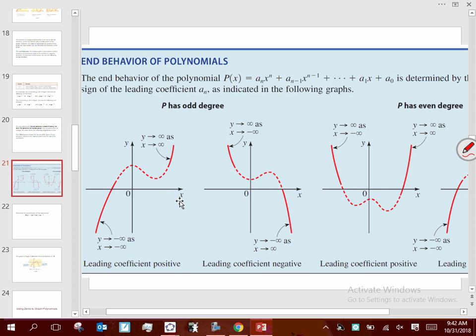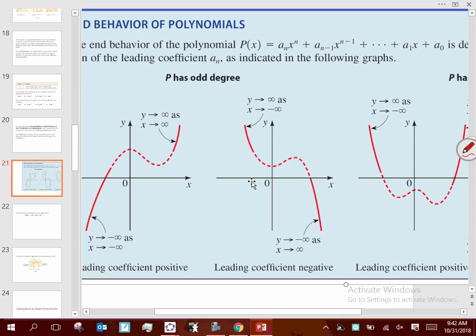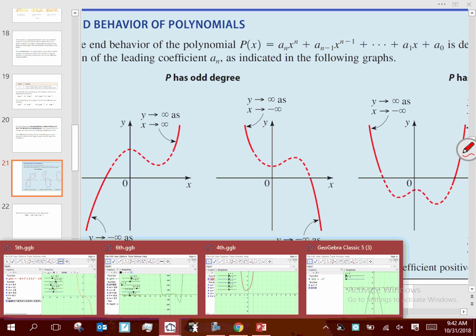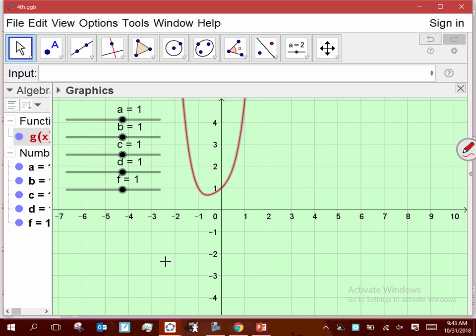Now, when we look at these rules here that I've kind of set up, I just want to show you what those dotted lines mean. Okay? And we'll get into a lot more detail of this throughout the rest of this section when we finish it. If I look at, let's just say, a fourth degree polynomial. Okay?